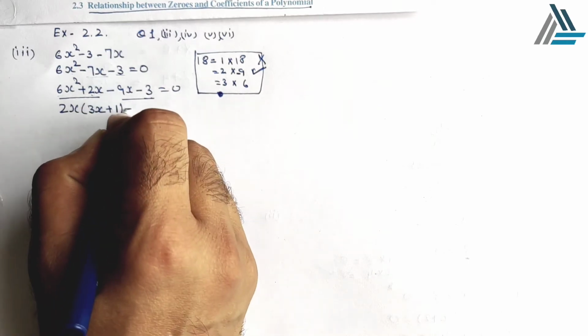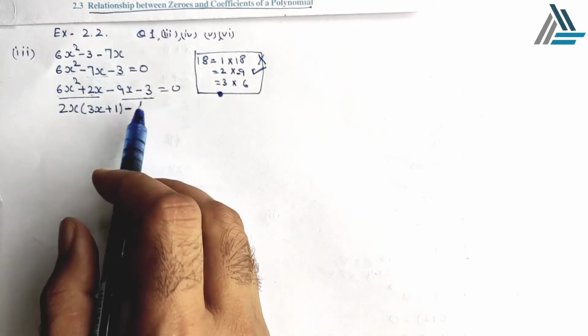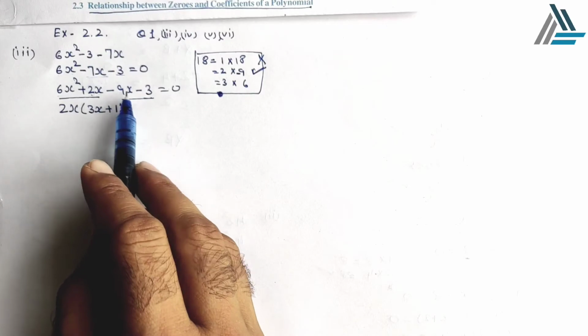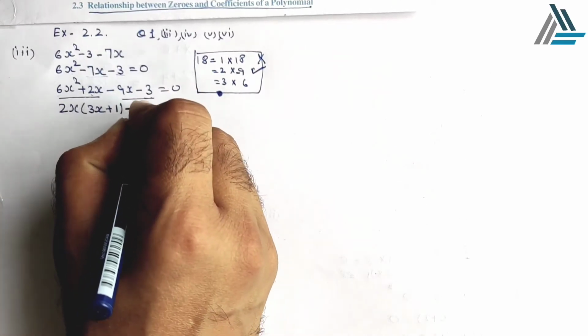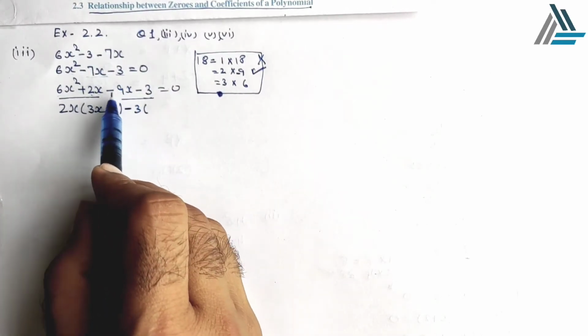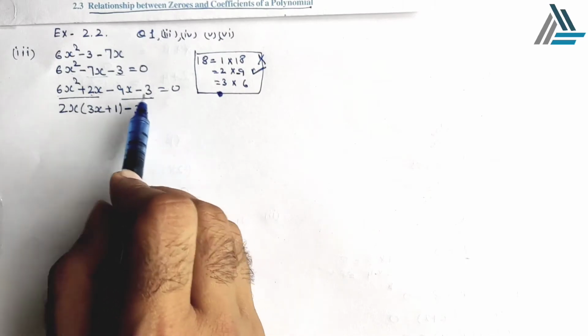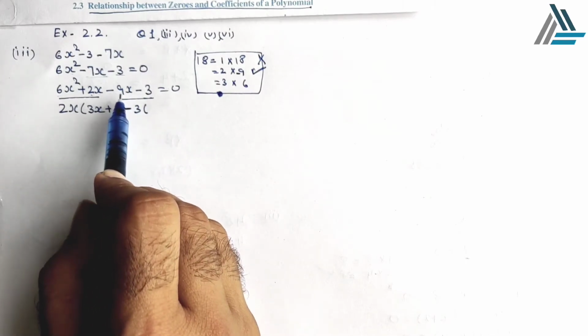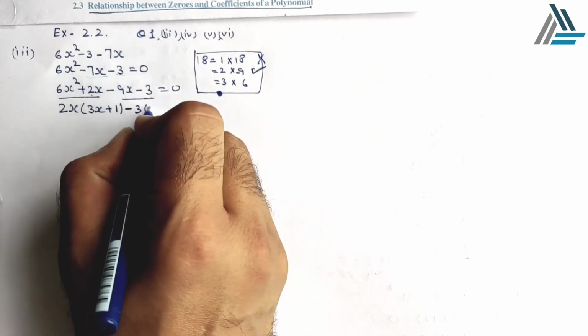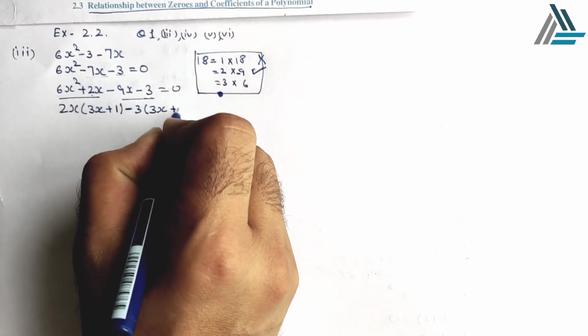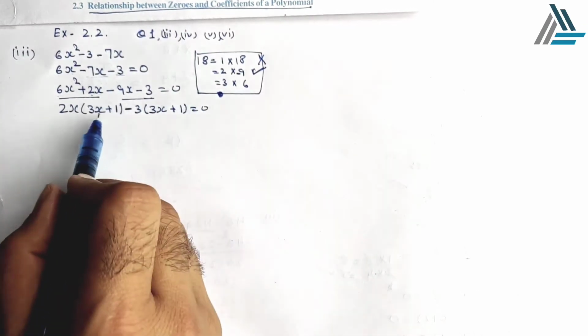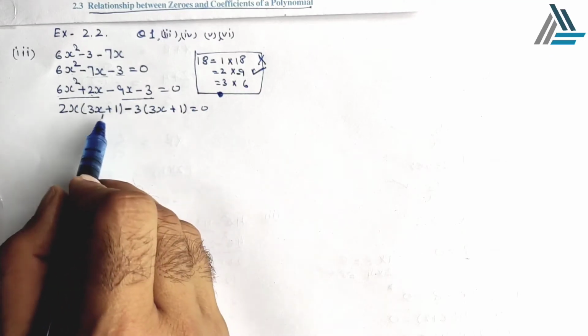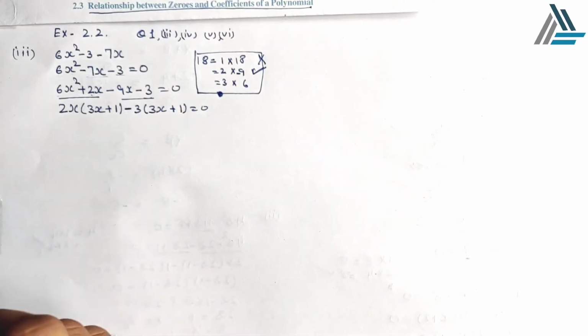Now we take minus common, and also 3 common from 9x and 3, so we get minus 3(2x minus 1)... Here again these two factors are the same, so we are on the right track.